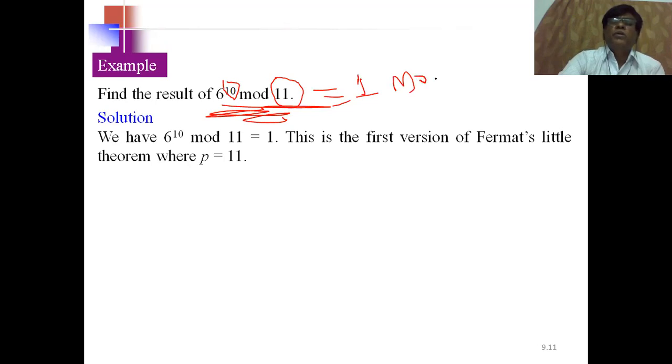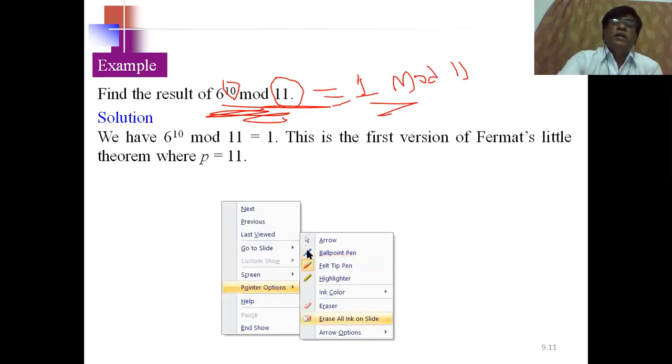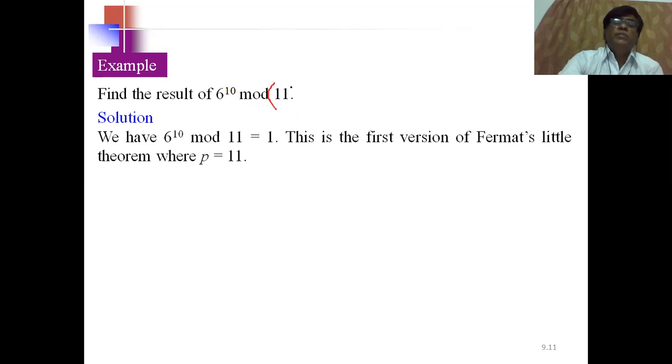No need to calculate, no need to solve this one. Since this has the relation, here we have the prime number 11, and here 11 minus 1, that is 10. That's why its value is always congruent to 1 as per our first version.